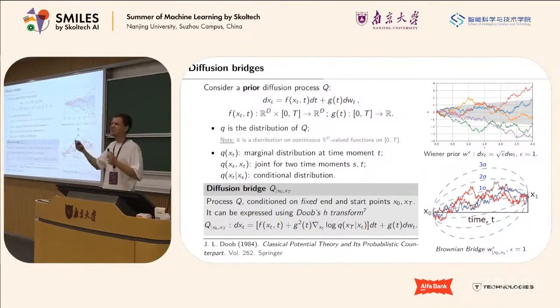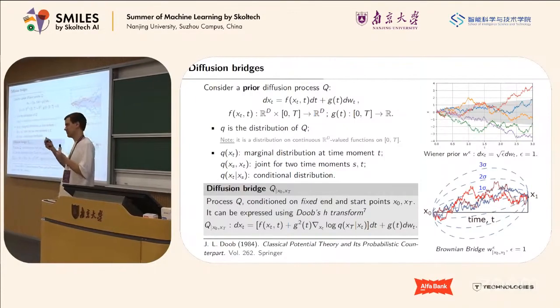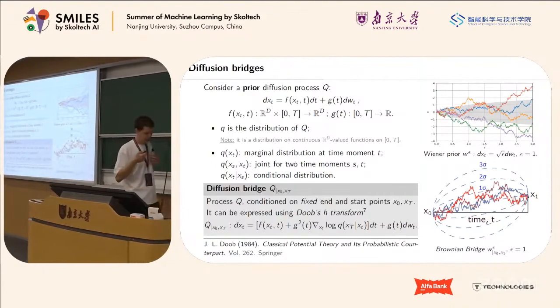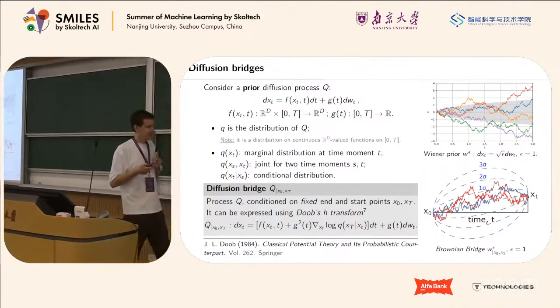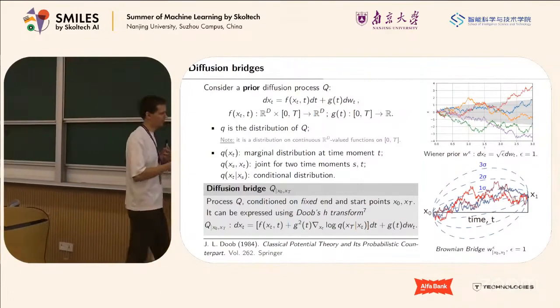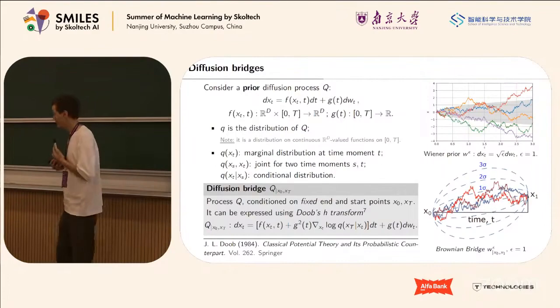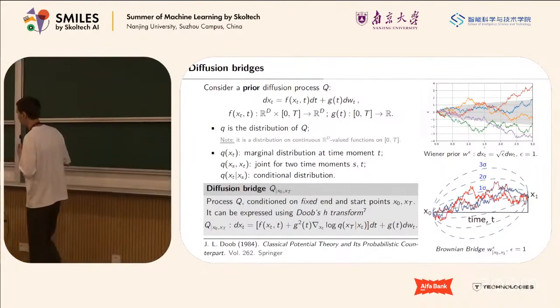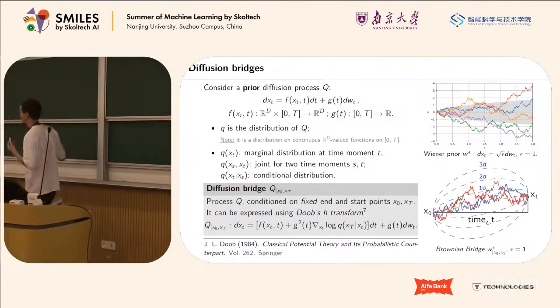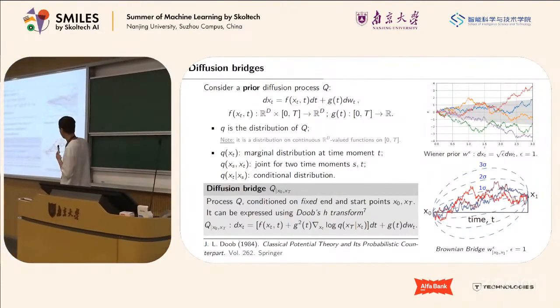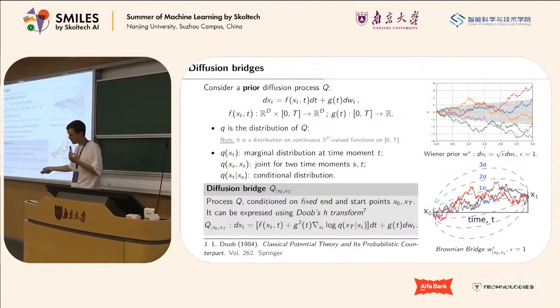What is the distribution of this process, assuming that it starts at one point and ends at another point? And this will also be a stochastic process. And furthermore, this stochastic process will also be described by some stochastic differential equation. Yes? And the main point is that this is not just some arbitrary stochastic differential equation. So first of all, why is it called a bridge? Yes, I think it's very natural because it kind of bridges 2 points. Yes, so it's conditioned on 2 points.